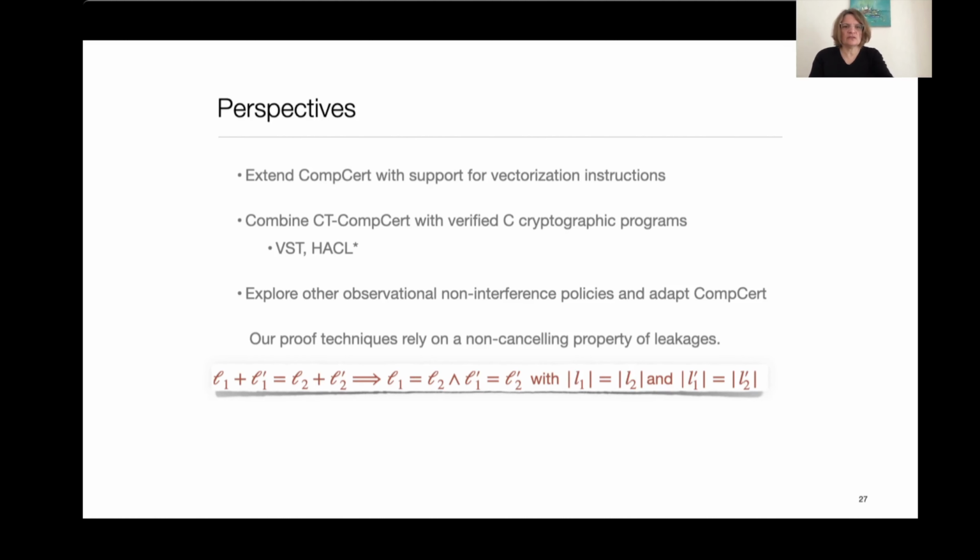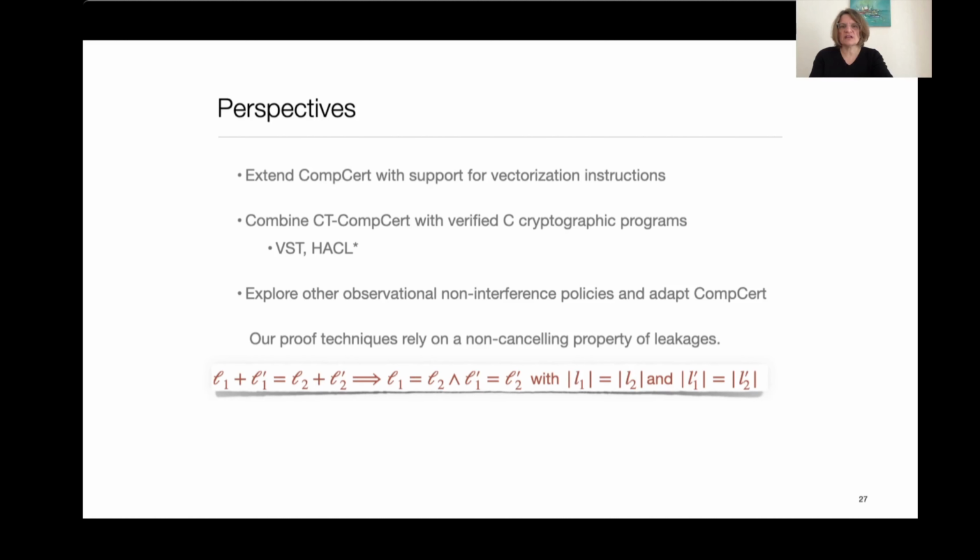So this non-canceling property is about two executions of a program where each execution is a sequence of statements. And in each execution, the trace is the concatenation of two traces.